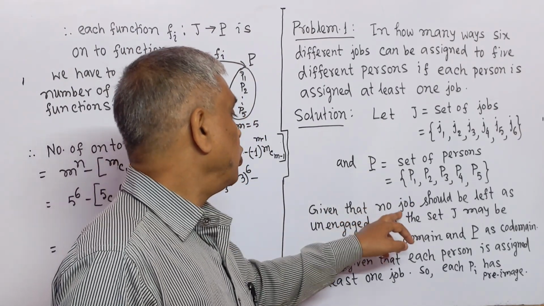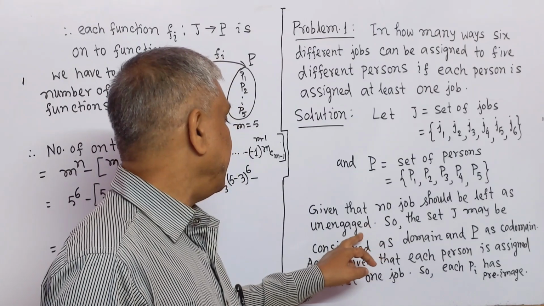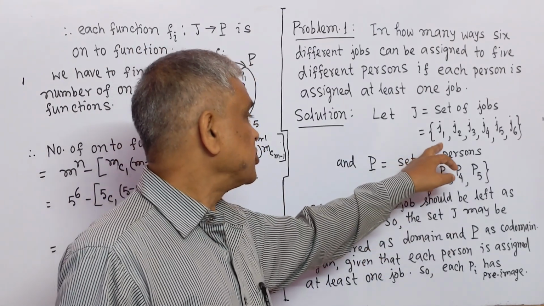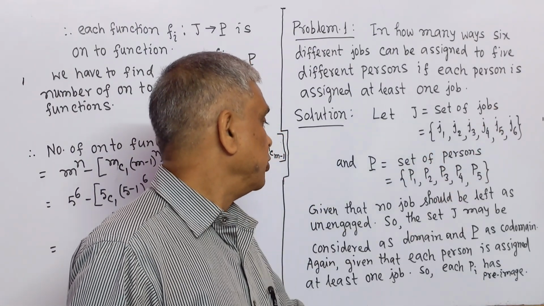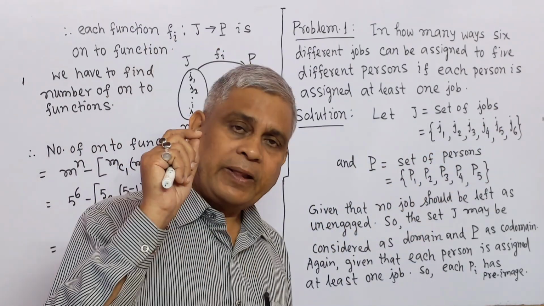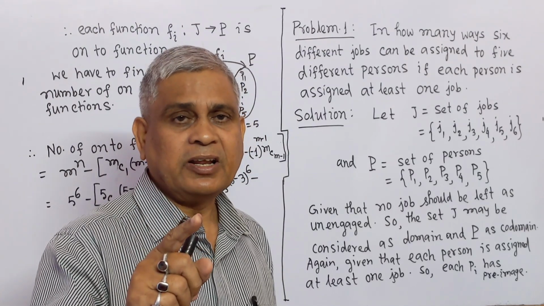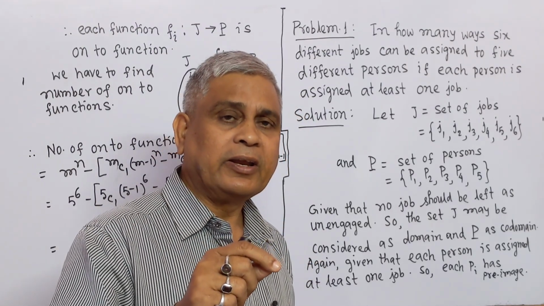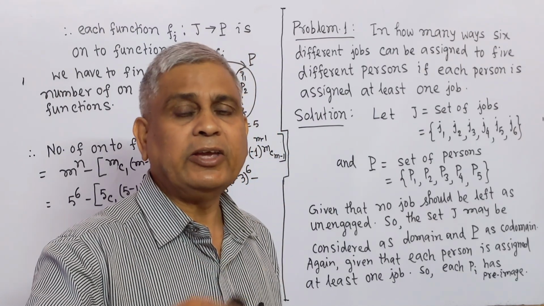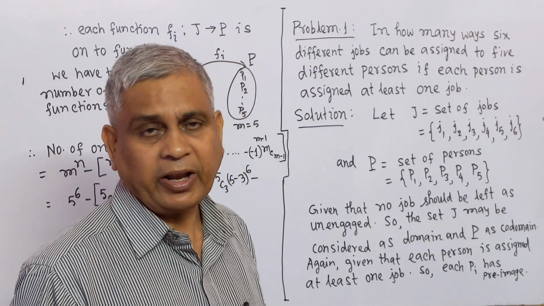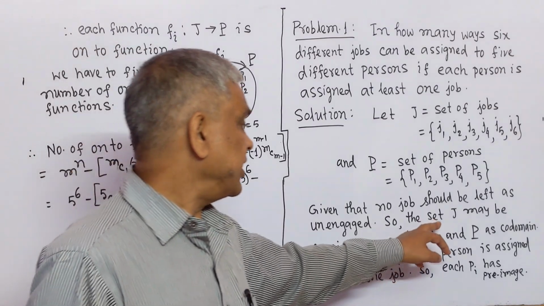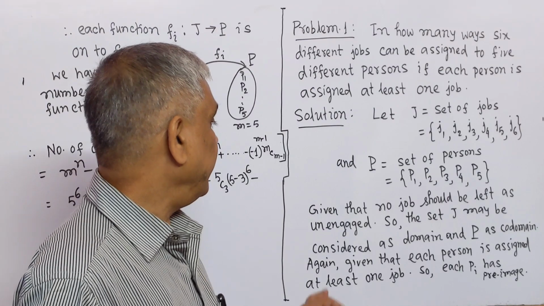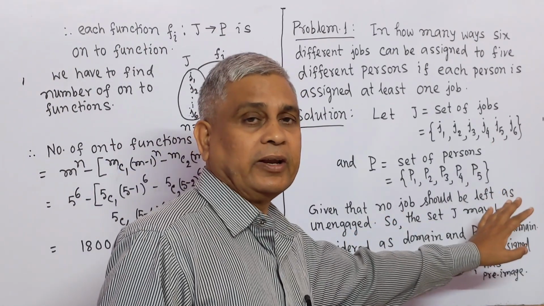So, for no job to be left unengaged, each job must be a member of the domain, because by the definition of a function, each element of the domain corresponds to a unique element of the codomain, and hence the set J may be considered as domain and P as codomain.